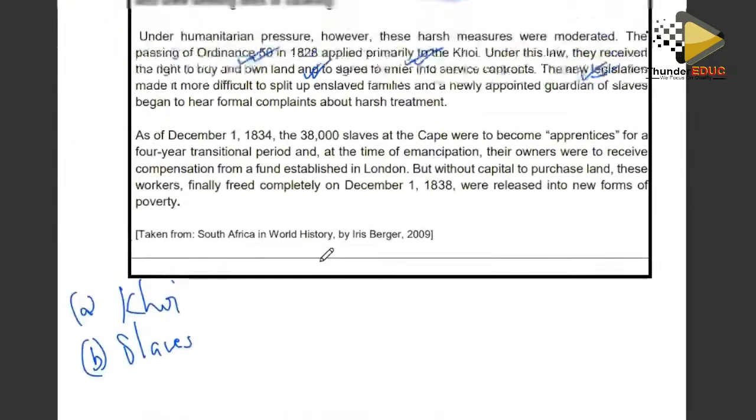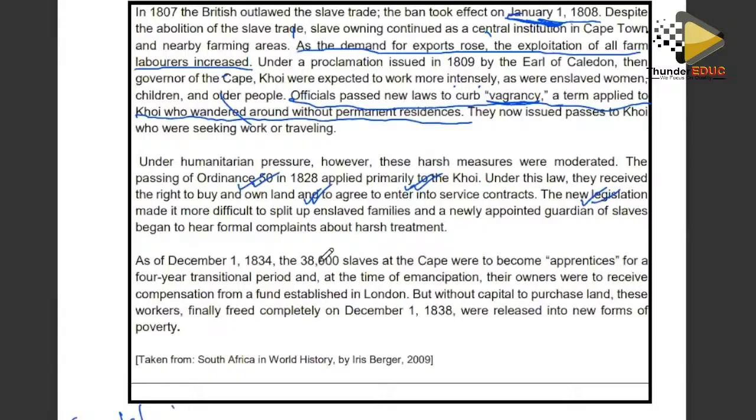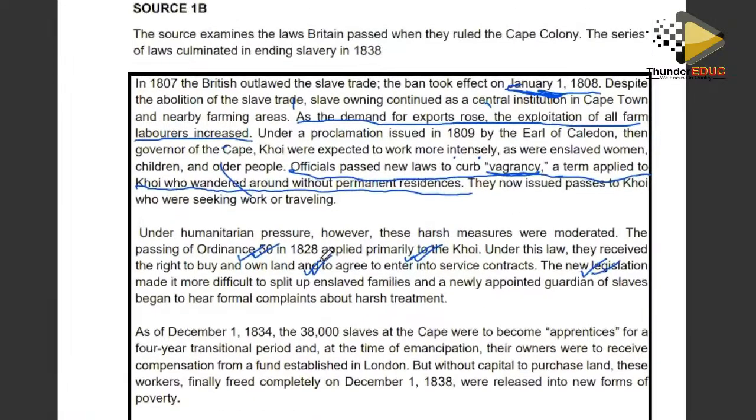So you go to the sources where there's relevant information about the impact of the British colonialism. For example, you want to highlight Ordinance 50. The British passed Ordinance 50. Here, you are finding it in this source. That is evidence of the impact.